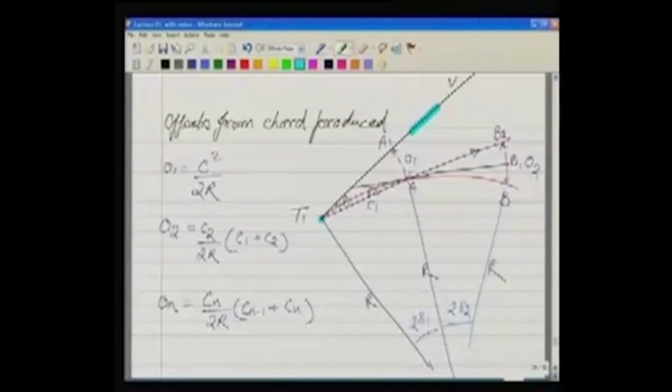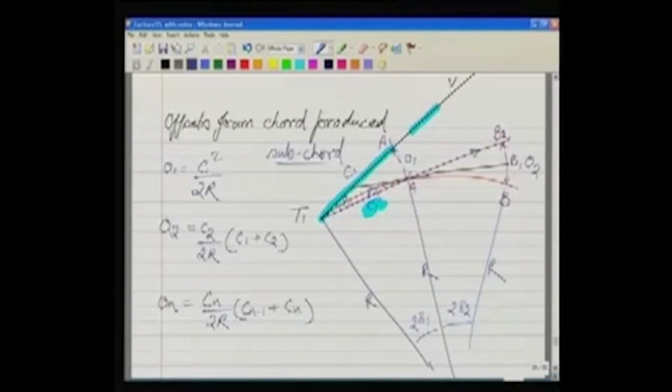First of all, we take a chord equal to C1, and C1 is our subchord. We know where this subchord is coming from. So we take the subchord C1 and we move along. Right now we are moving along the tangent. We stretch our tape so that this distance is equal to C1.